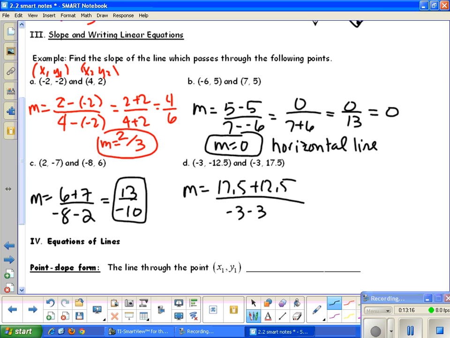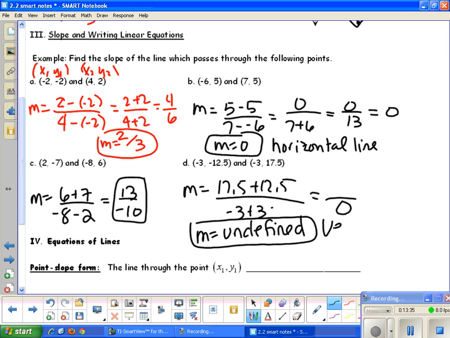And if you look at your denominator, you have negative 3 minus negative 3, so that should have been plus. Negative 3 minus 3 is equal to 0, and we can't have 0 in my denominator. Doesn't matter what's in my numerator. So because of that, I know that my slope here is undefined. And remember, when you have an undefined slope, this is a vertical line.